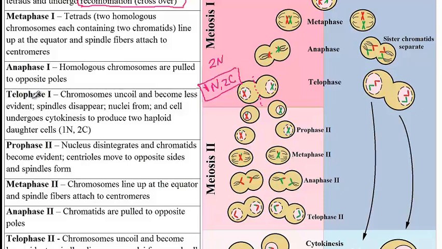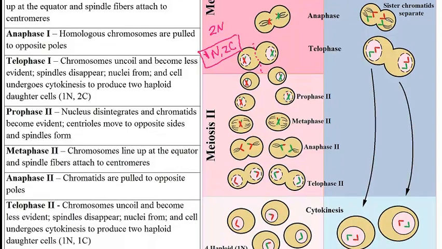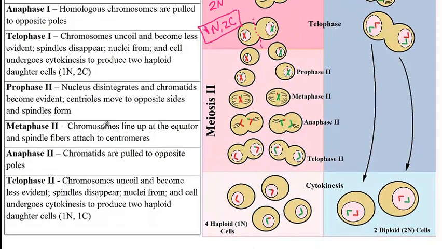All right, next we have a repeat of the cycle. Again, we have prophase 2, during which time the nucleus disintegrates, chromatids become evident, and centrioles move to the opposite poles. And then following that, we have metaphase 2, where chromosomes line up at the center of the cell, and spindle fibers attach to them. Then we have anaphase, where chromatids are being pulled to opposite poles.